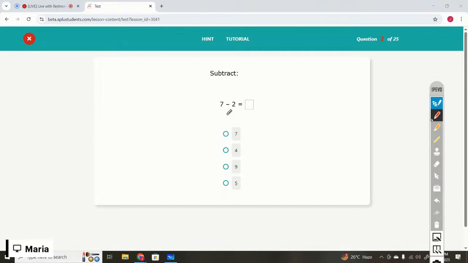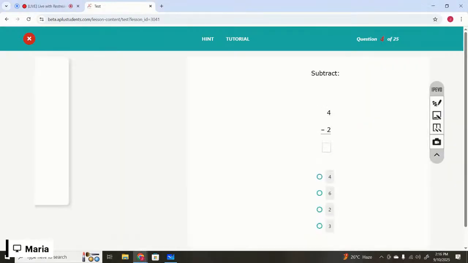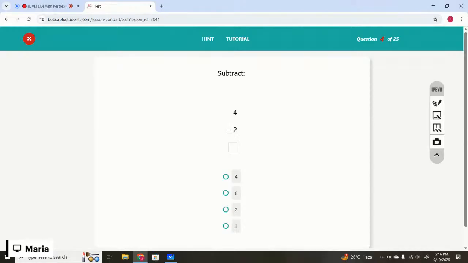Like the one over here, 7 take away 2. 7, 6, 5, right? So when you go back just by 2 digits, 7 take away 2 is 5. Option number 4 is the correct option.